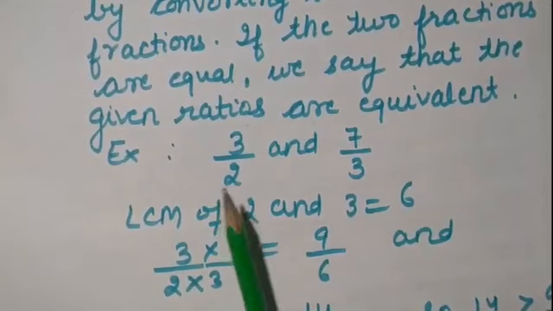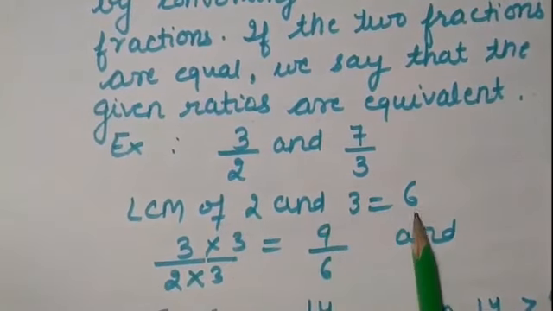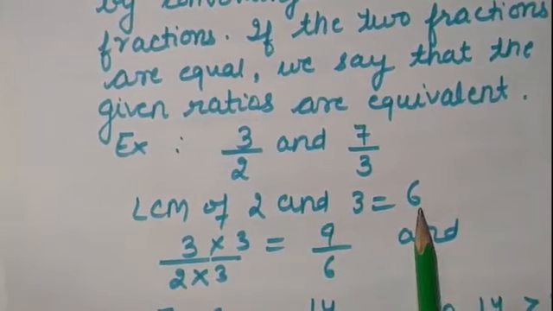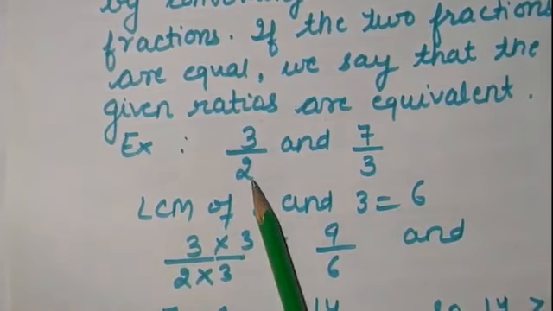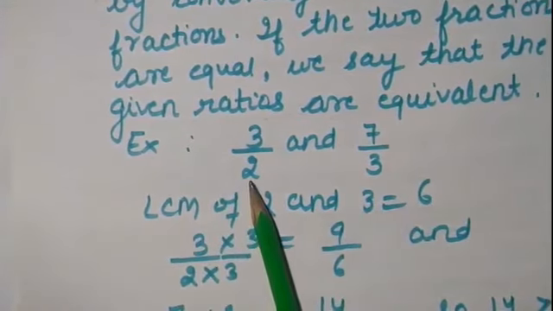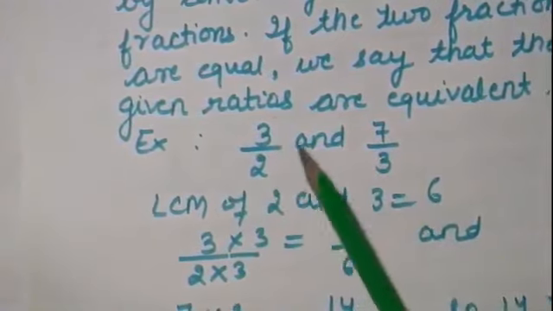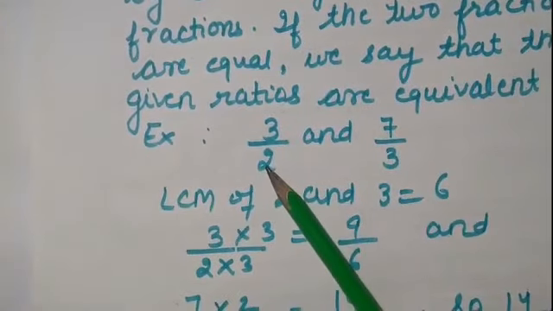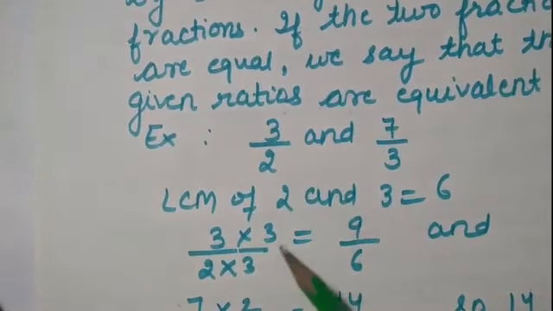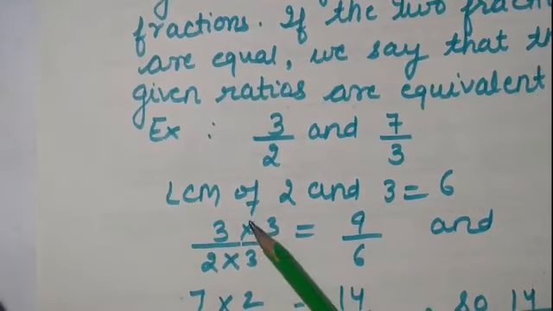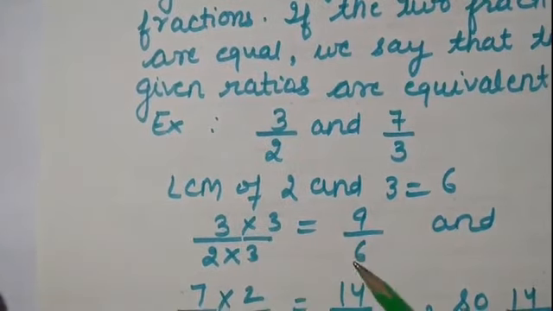Here the denominators are 2 and 3 and their LCM is 6. Now I will make the denominator equal to 6 in each fraction. So 3 by 2, how will you make its denominator equal to 6? By multiplying numerator and denominator by 3. So it will be 9 by 6.